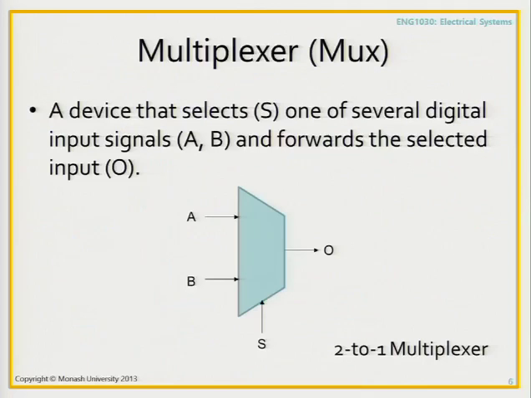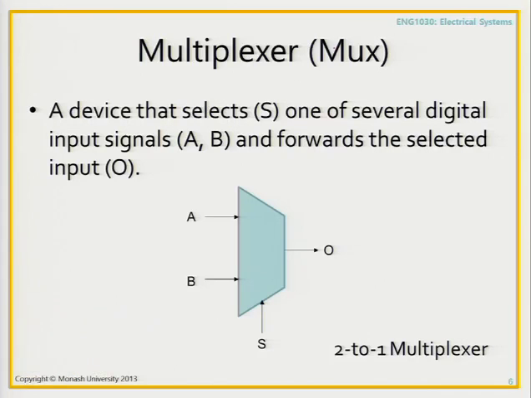Okay, cool. So here's another example. Now here's one you probably wouldn't have heard of. It's called a multiplexer. Who has heard of a multiplexer before? Okay, good. Nobody's heard of a multiplexer. A multiplexer is sometimes also referred to as a mux.